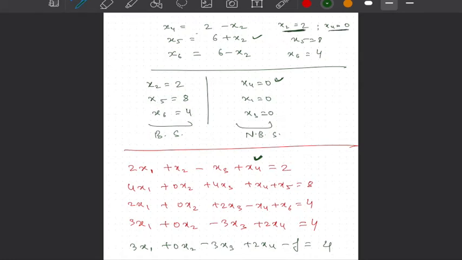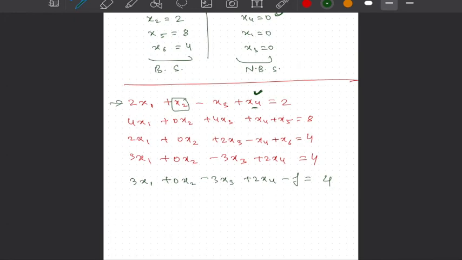So that gives us an indication: wherever x4 was present initially as a pivot element, go behind it and do the pivoting around that particular row or equation. I will also tell you a shortcut to do this pivoting really fast, and that would be an easy way to do all these problems.